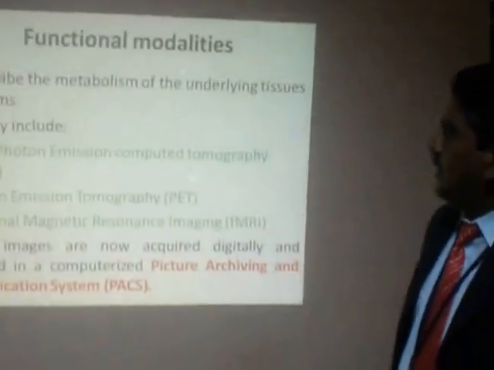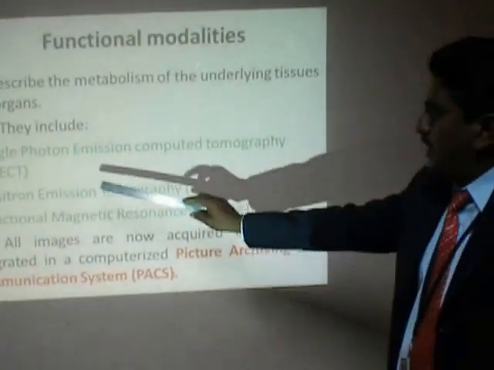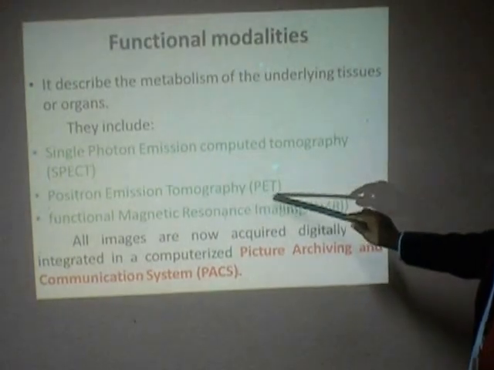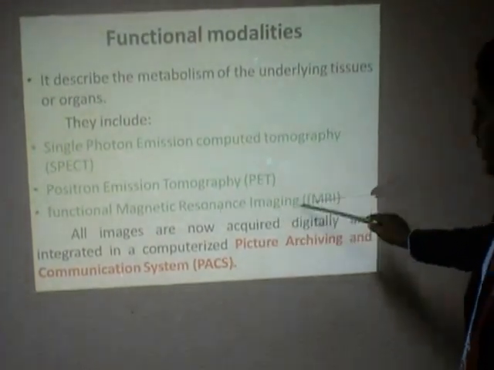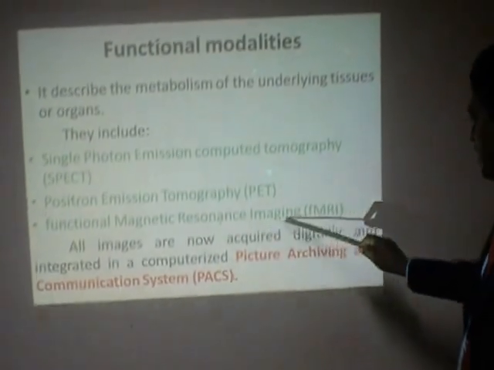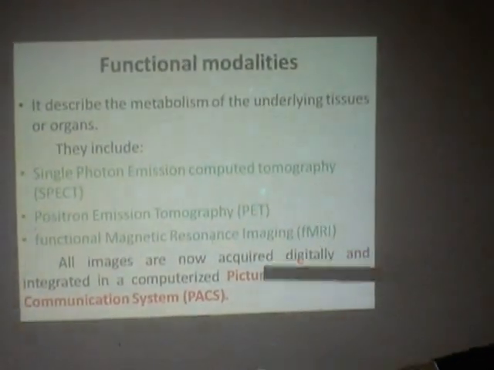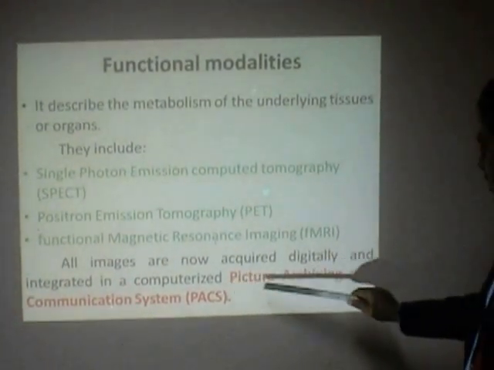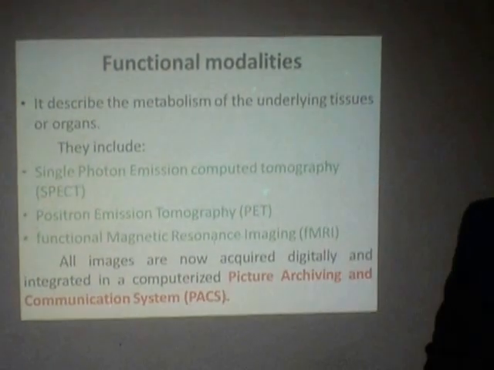They include single photon emission computed tomography, called SPECT image. The next one is positron emission tomography, called the PET image. The last one is functional MRI, the functional magnetic resonance imaging. All images are now acquired digitally and integrated in a computer based picture archiving and communication system, called PACS.